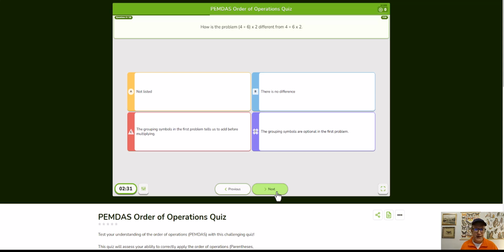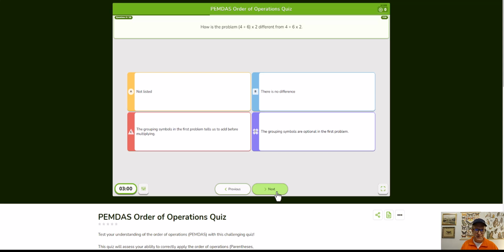Now, how's the problem 4 plus 6 within parentheses times 2 different from 4 plus 6 times 2? So here's a math problem that you can't put into Photomath. Yeah, you could probably put that in AI and get the right answer. But AI telling you something is different than you knowing something. We want your kids to know stuff, because smart people know stuff.